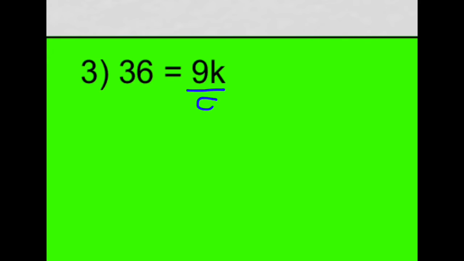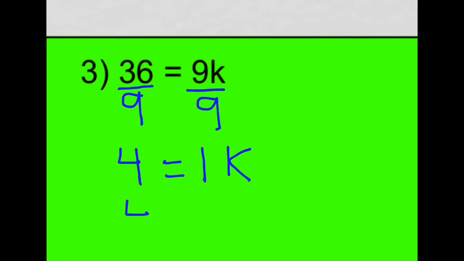So I do divide by 9 there, and I do divide by 9 on there to maintain my equality. Now, make sure you keep everything on the correct side of the equal sign. 36 divided by 9 is 4. Keep that on the left-hand side of the equal sign. 9 divided by 9 is 1k. Or another way of saying that is just 4 equals k.